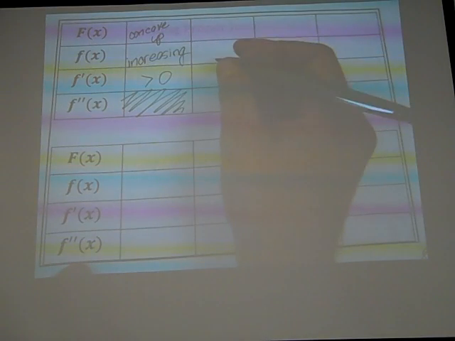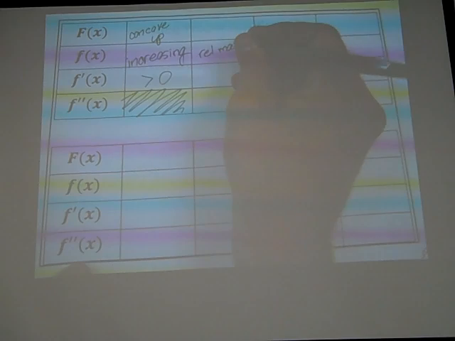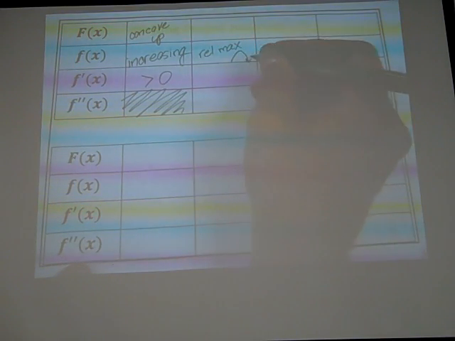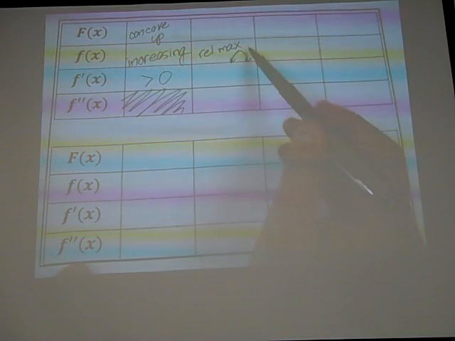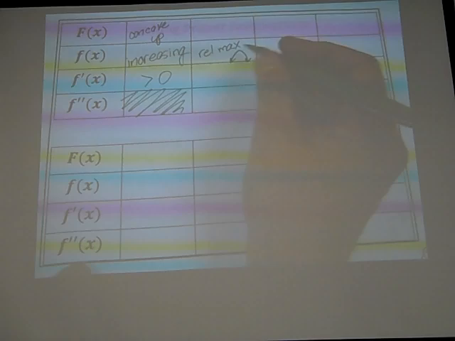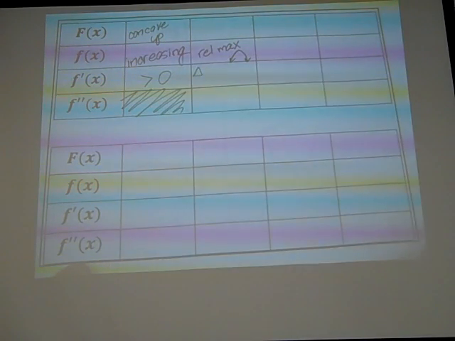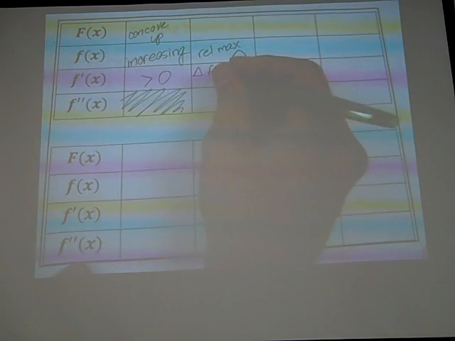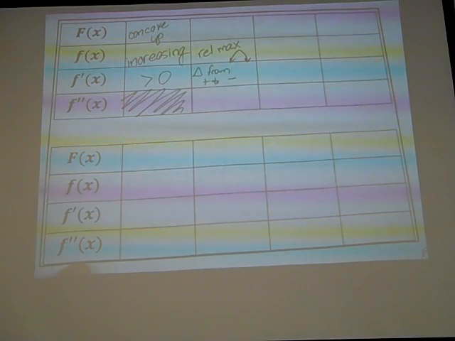Another one that's going to show up is, let's say that you know that f has a relative maximum point, right? F has something that looks like that. Well, if f has a relative maximum point, then what that means is that the derivative is changing. It is changing, and so I use the triangle for change. It's changing from positive to negative, okay?